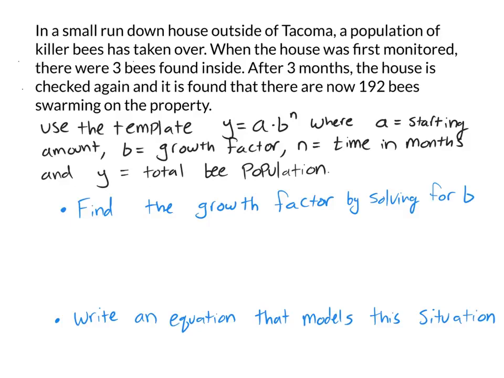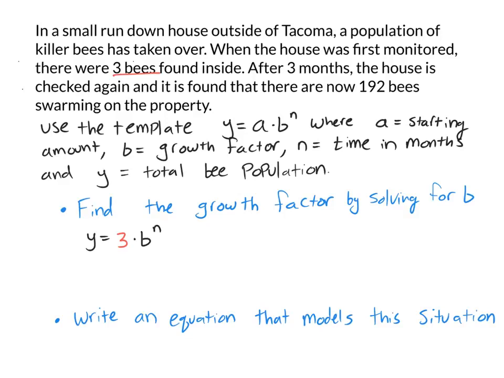Well, we have a lot of information. We know that at 3 months there are 192 bees, and at the starting point there's 3. So I already know a lot from my template. My current template looks like y equals my starting point, 3 bees, times b to the n, and I don't know what my growth factor is.